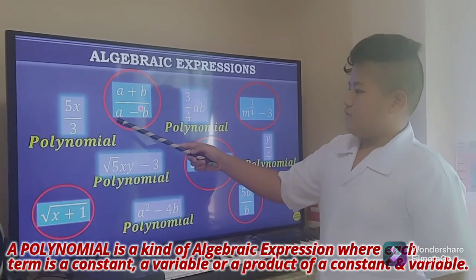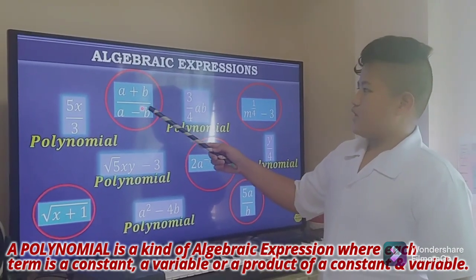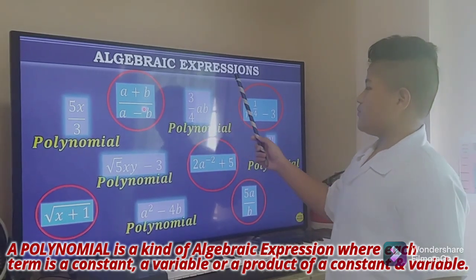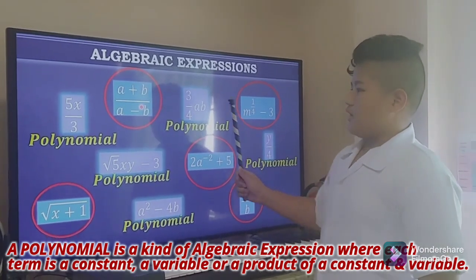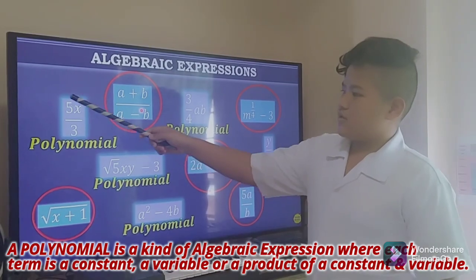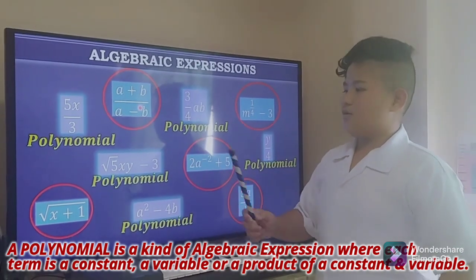Once the variable is in the denominator, it is called a non-polynomial. When the variable is in the numerator, it is called a polynomial.